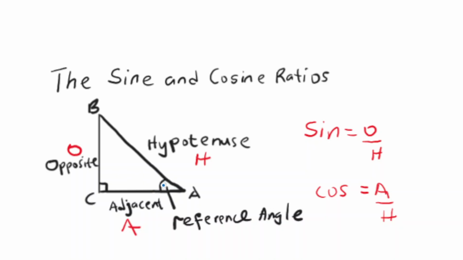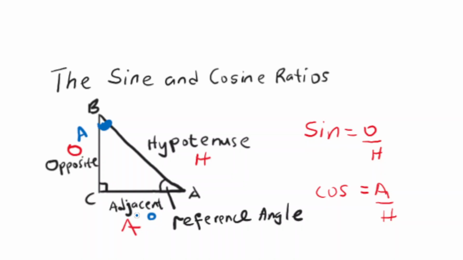If you are talking of angle A, then our opposite is going to be BC, and our adjacent is going to be AC. If you are talking of angle B, then our opposite is going to be over here, and our adjacent is going to be over here.